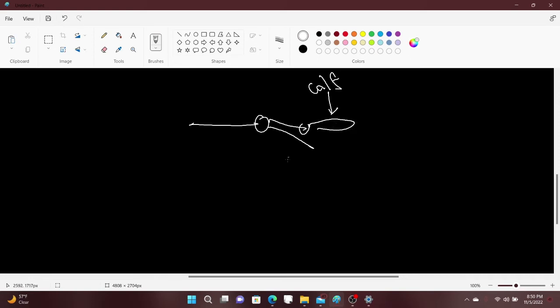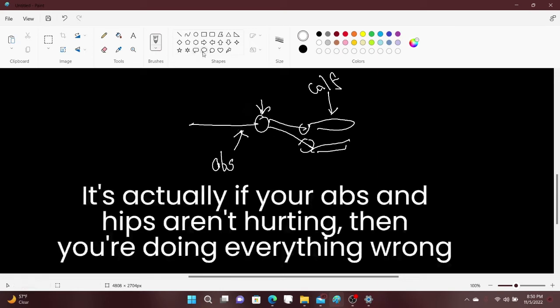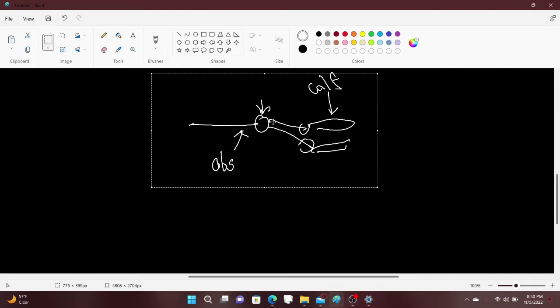I didn't take anatomy, but yeah, it lifts your calves up, which gives you less work, and so all the work will be right around this part and your abs. This is where all the work will be. And so if your calves and hips aren't hurting, then you're doing everything wrong. That's basically the simple explanation. So raise your hips, and it'll literally help straighten everything out.